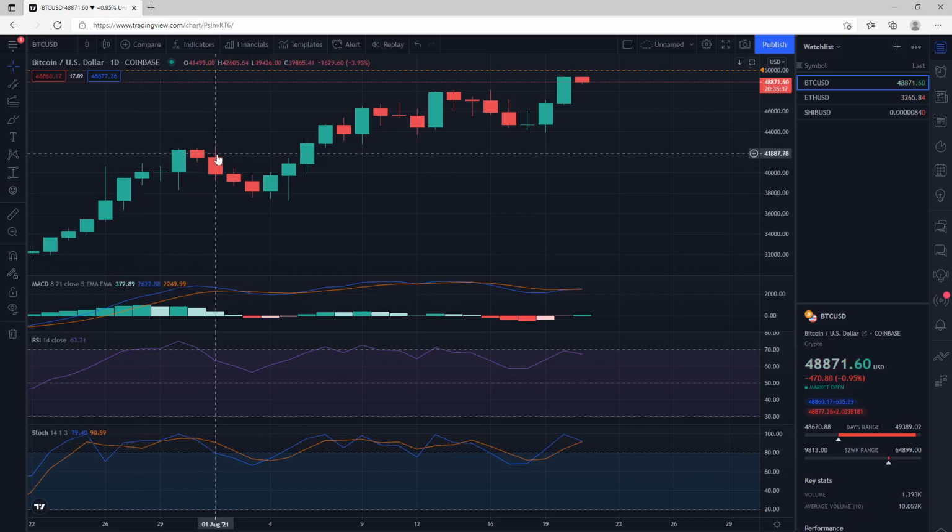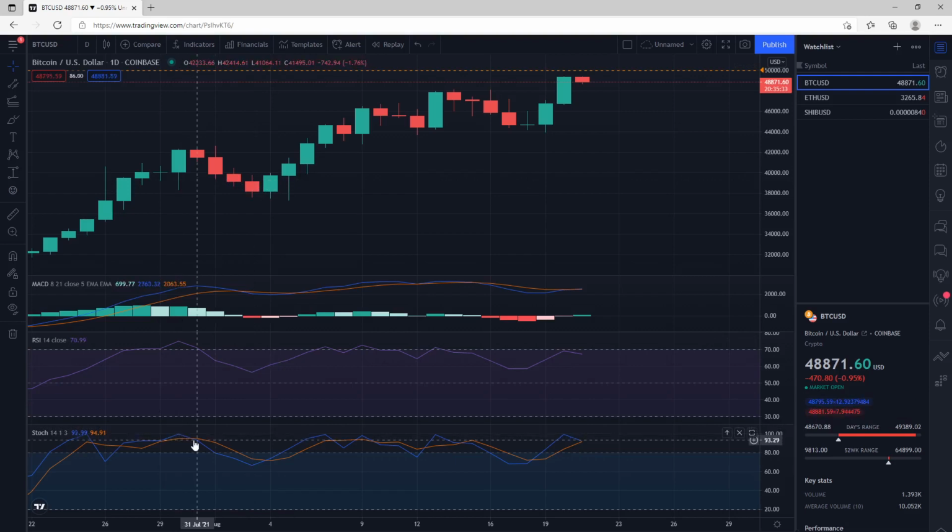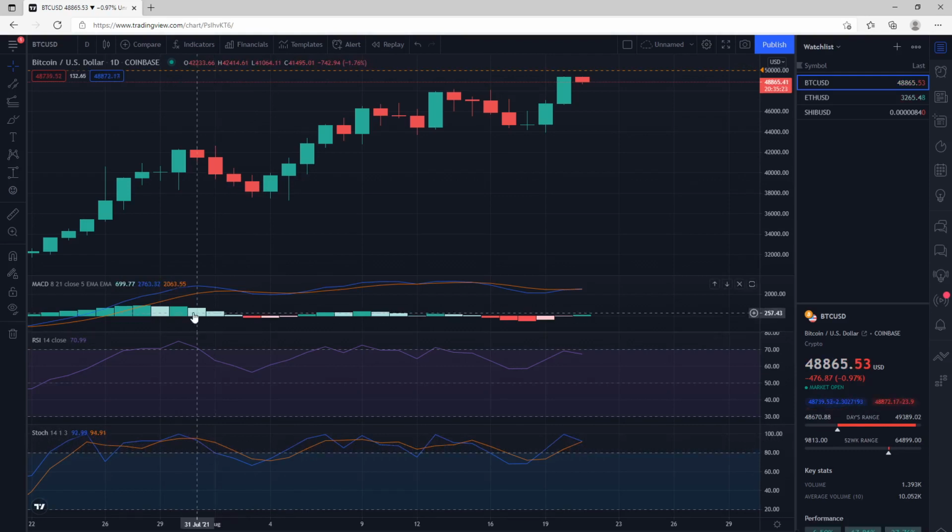So let's look at this dip right here. We had a downwards cross, a little bit weak, but continued sell pressure. You can see the sell pressure getting stronger and the buy pressure getting weaker. Here we go. RSI is also saying we're going down, going down, going down, going down. Now we have a reversal.